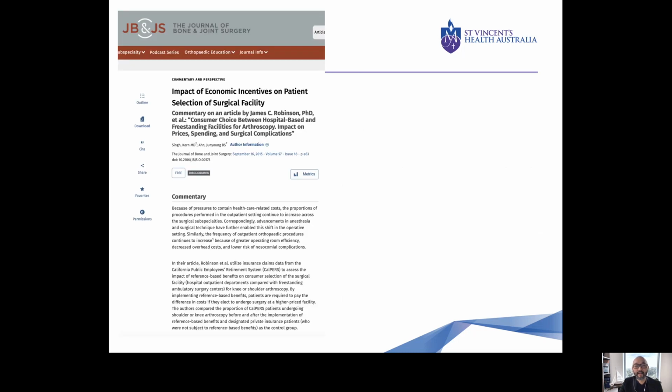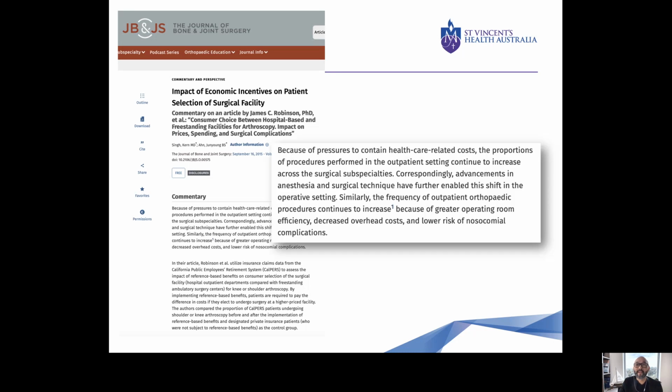And so when people started looking at this, what kind of impacts on costs different types of surgery might have and different types of patients might have. This paper talks about the fact that if you have more procedures done in the outpatient setting, which is now the trend, isn't it?